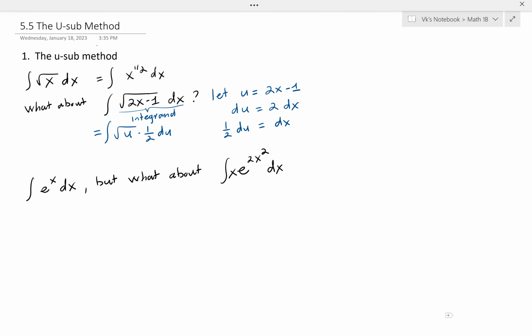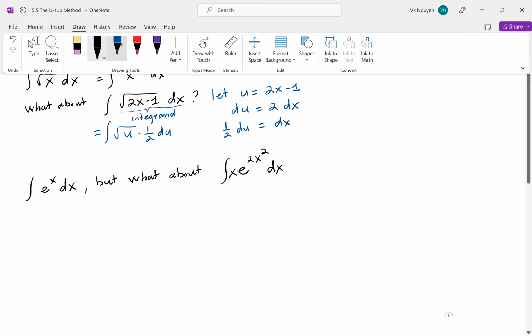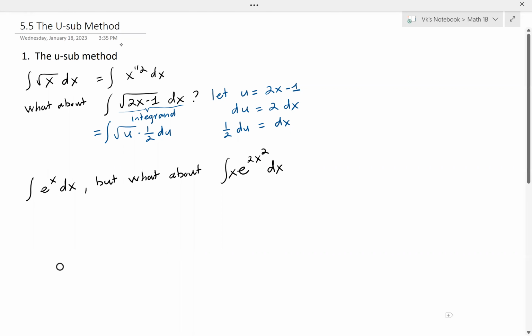Now, so in this example, we would like to rewrite the integral in terms of u du so that it becomes something like the integral of e to the x dx. Very similar, just change x into u and we'll be able to do it.